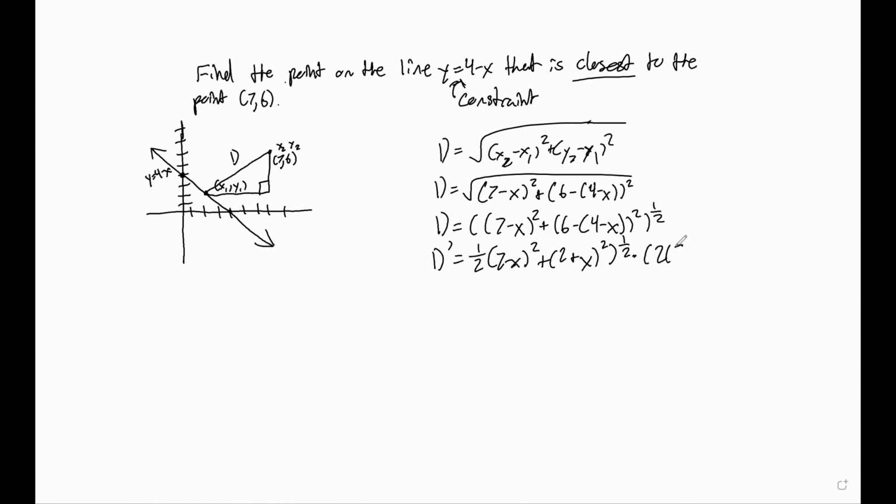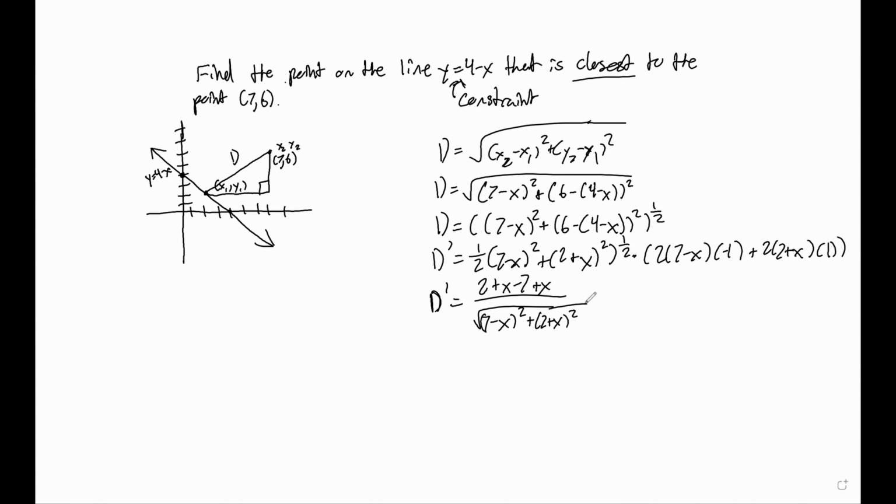So that's 2 times 7 minus x times -1 plus 2 times 2 plus x times 1. Now that is our d prime. When we simplify this, we get 2 plus x minus 7 plus x over the square root of 7 minus x squared plus 2 plus x squared.